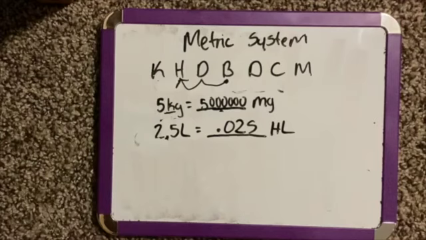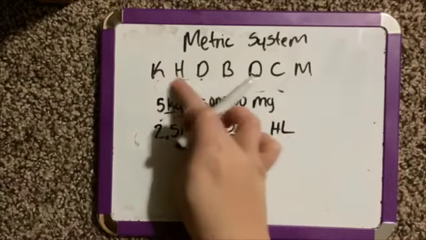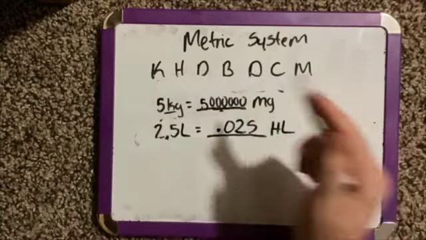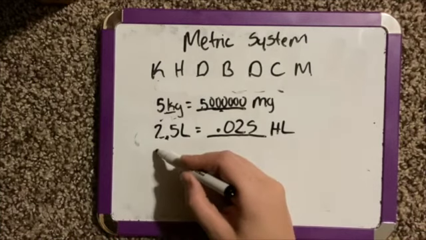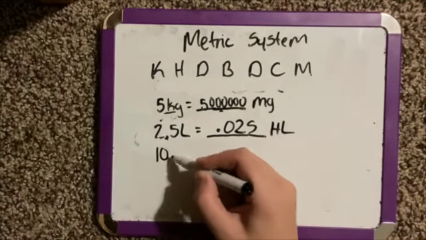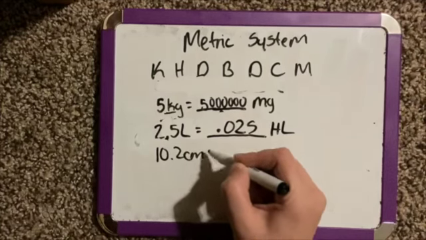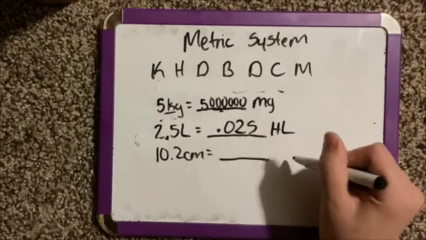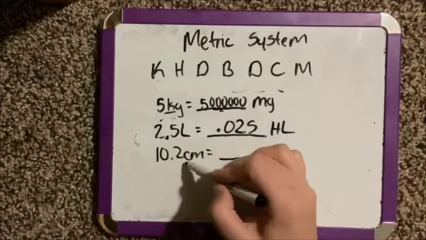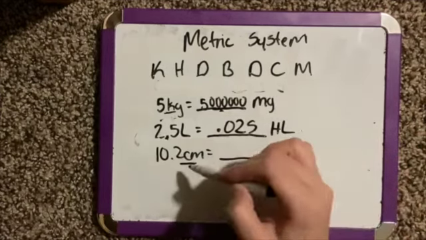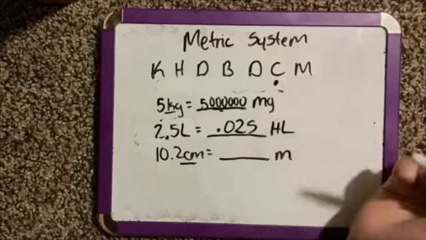All right, let's do one more example. Let's try 10.2 centimeters equals how many meters. So centimeters is what's given. The letter in front is a C, so that's where we're going.